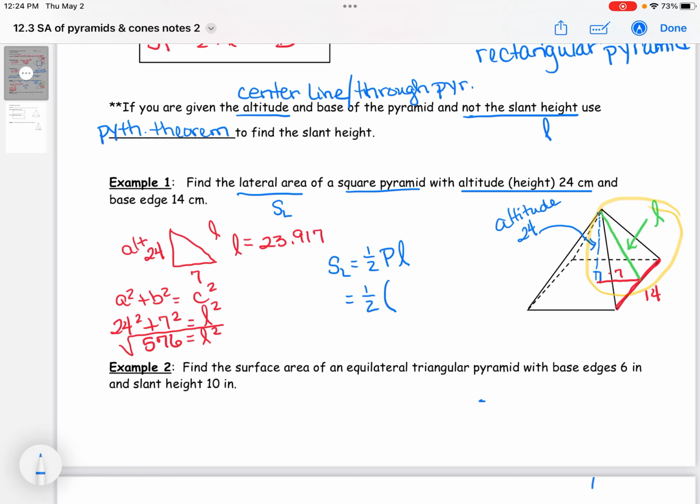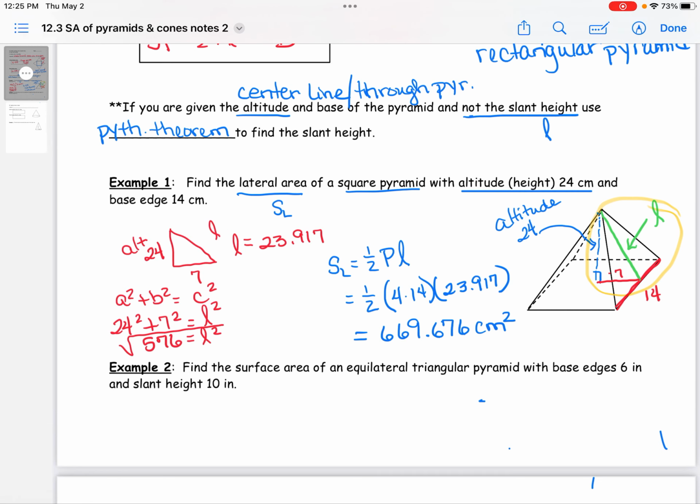The perimeter is 14, 14, 14, 14, so 4 times 14, times 23.917, which is equal to 669.676 square centimeters. So sometimes you have to find the slant height, and sometimes they'll give it to you.